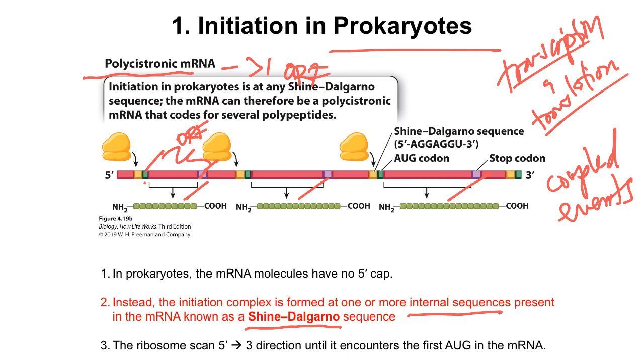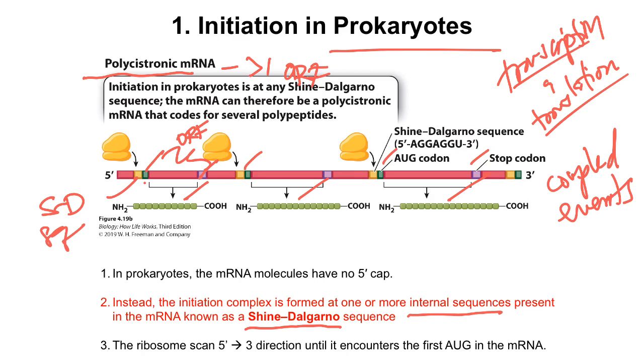Each open reading frame unit contains this yellow sequence called the Shine-Dalgarno sequence, and that is where the ribosomes bind. They are all found internally so that translation can be initiated simultaneously at internal sites.